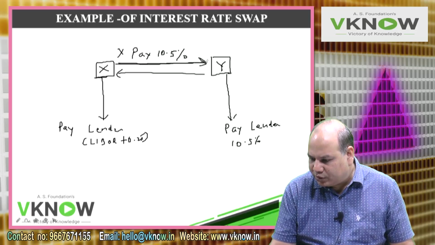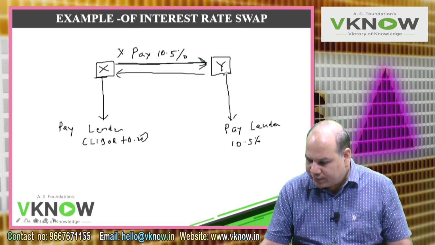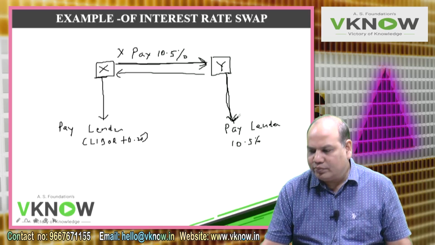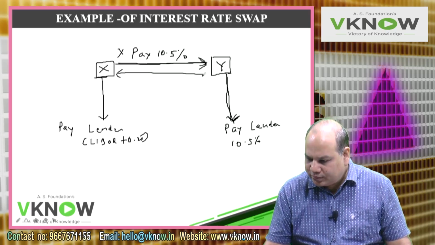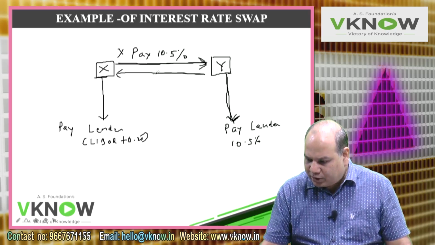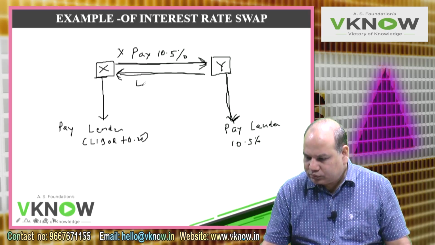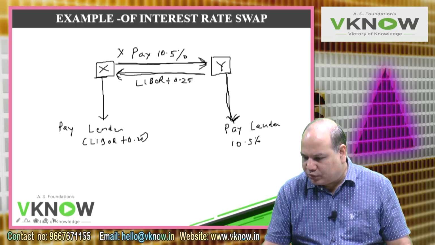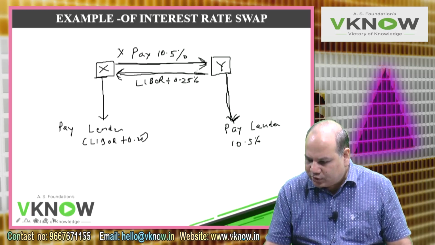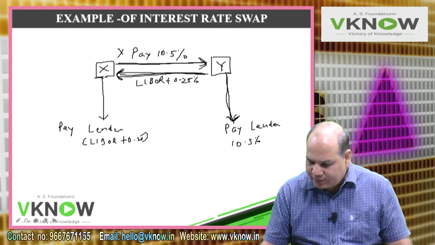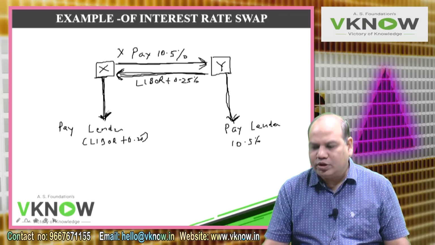X will pay 10.5% to Y and Y will pay that 10.5% to its lender. And then Y will pay to X LIBOR plus 0.25, which X has to simply transfer to its banker.